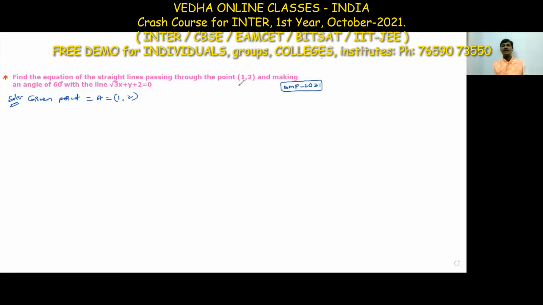In this, the given point is (1, 2) and the angle theta is equal to 60 degrees, and the line is √3x + y + 2 = 0.